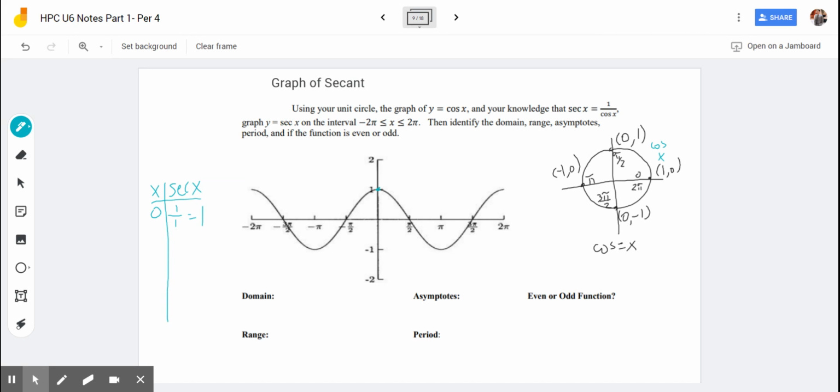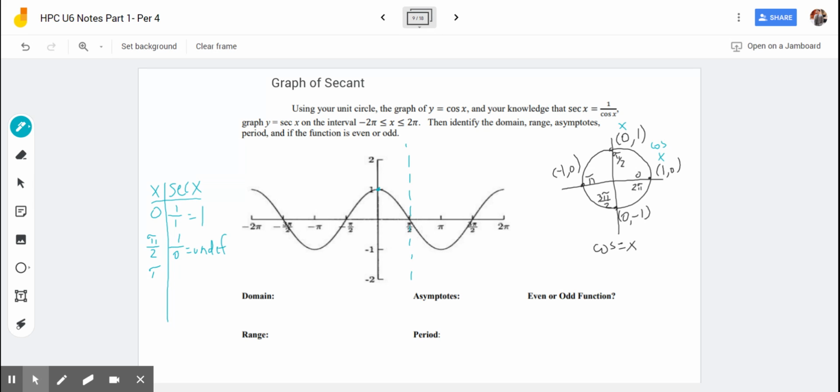So we're going to plot at 0, our value is going to be 1. If we plug in pi over 2, we know that cosine of pi over 2 is 0, so it'd be 1 over 0, so it's undefined there. So that means that we're actually going to have an asymptote at pi over 2.